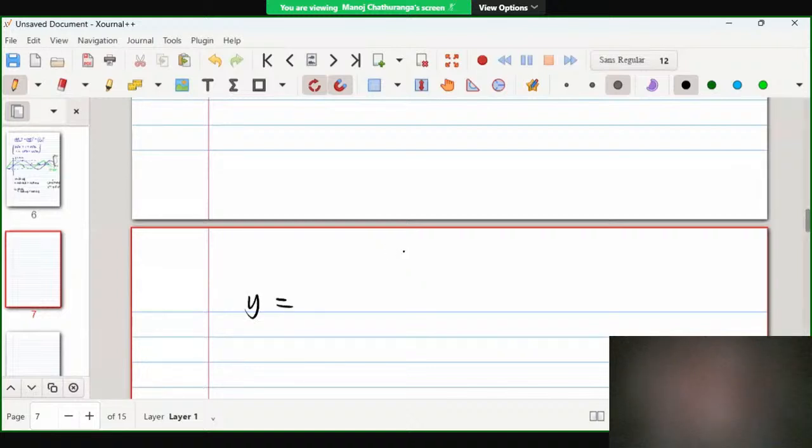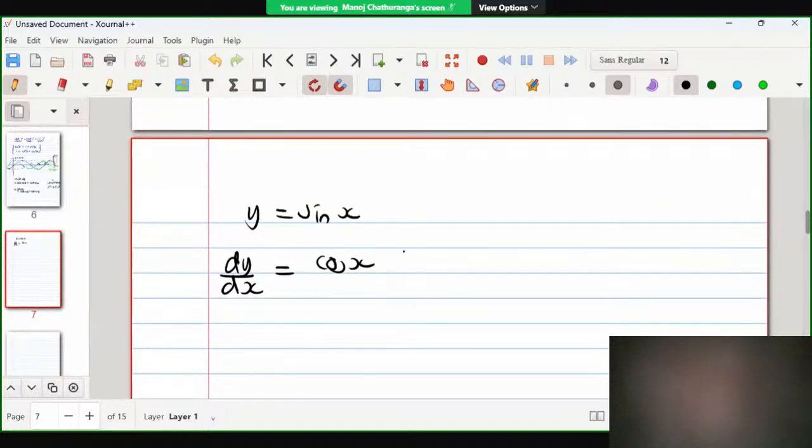If y equals sine x, the derivative of the sine function is cosine x. Very simple. But this is a little bit different for the cosine function. The derivative of cosine x is not sine x.